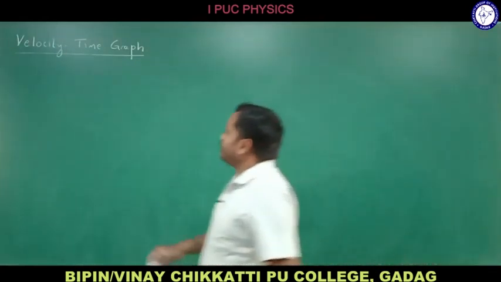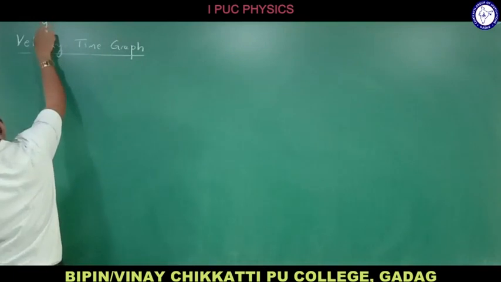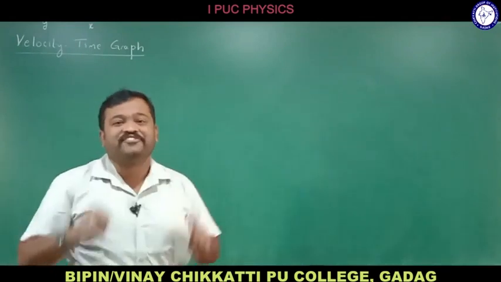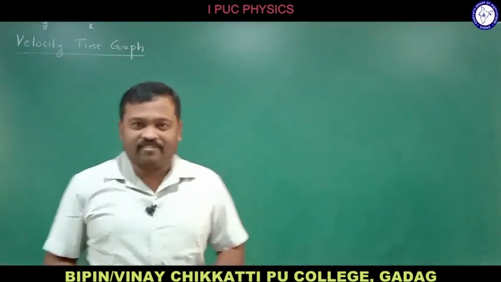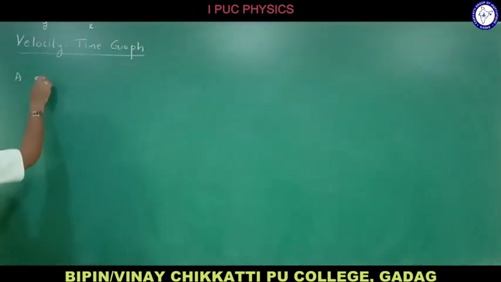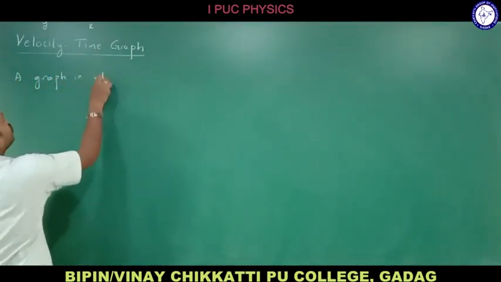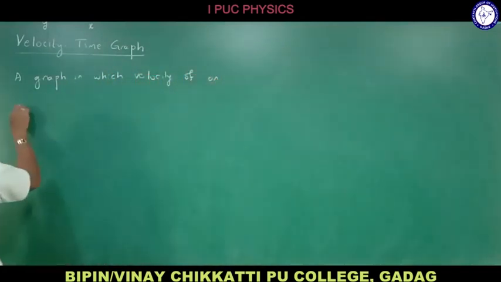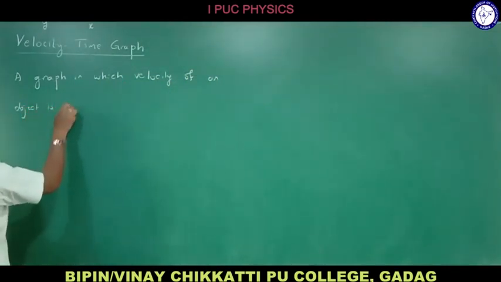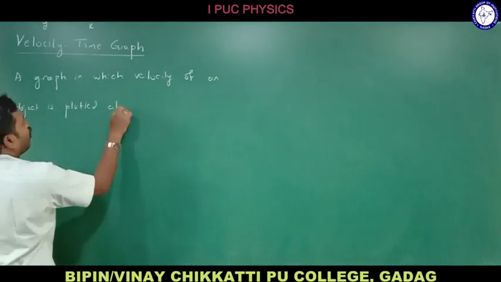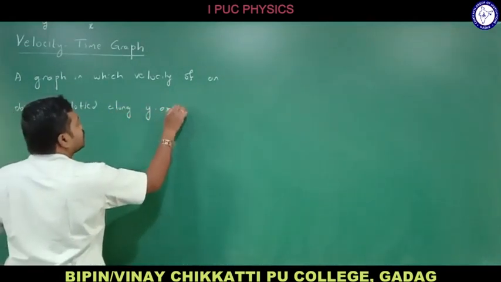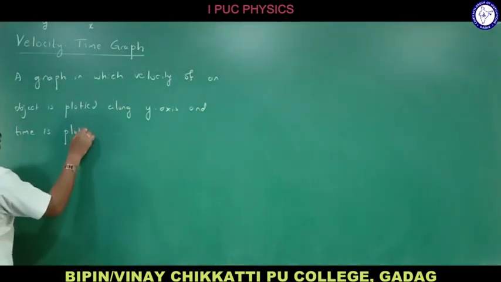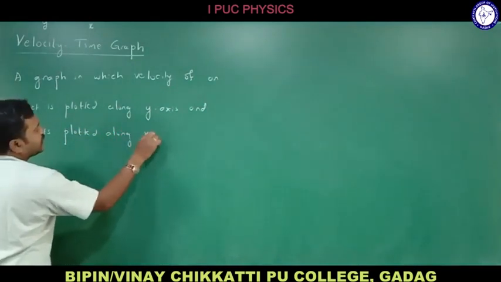It is a graph in which velocity of a body is plotted along y-axis and time is plotted along x-axis. So that kind of graph is called as velocity time graph. Okay, what is velocity time graph? It is a graph in which velocity of an object is plotted along y-axis and time is plotted along x-axis.